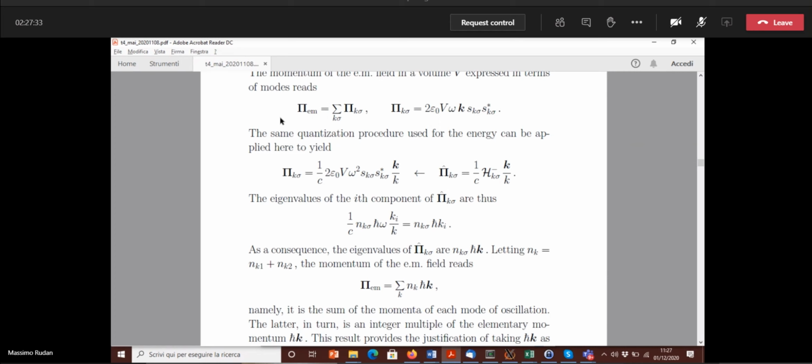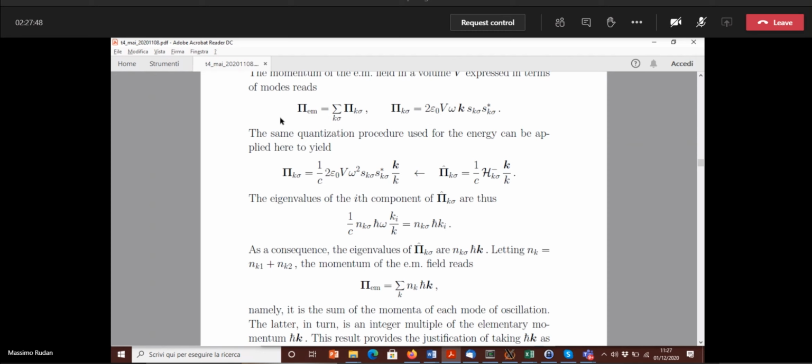So the momentum of the electromagnetic field is equal to the sum of the momenta of the individual modes, and the momenta of the individual modes have an expression that is almost identical to that of energy.